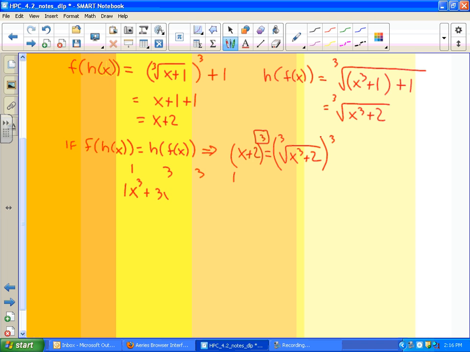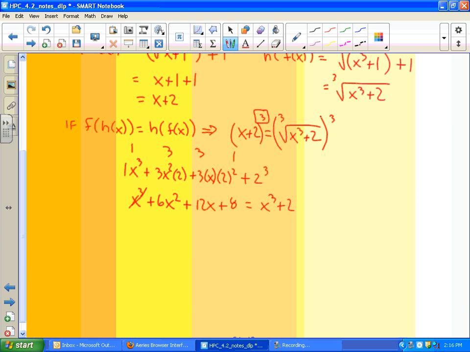So x cubed plus 6x squared plus 12x plus 8 would equal x cubed plus 2. And then solving, the x cubes are going to cancel once I get everything on one side: 6x squared plus 12x plus 6 equals 0.